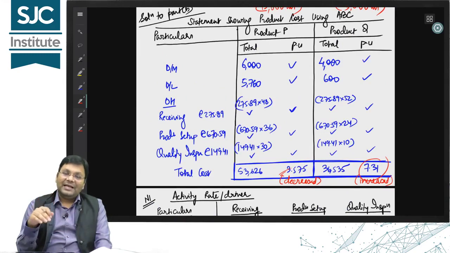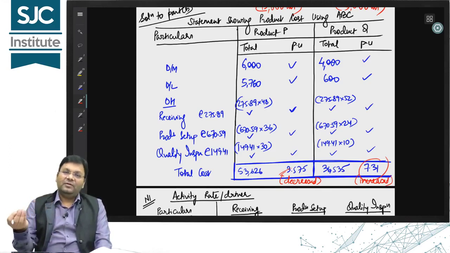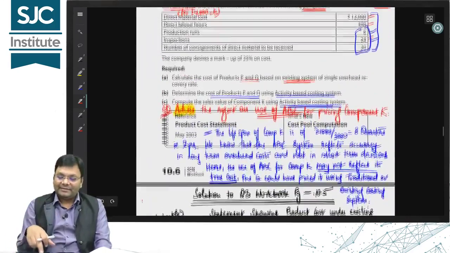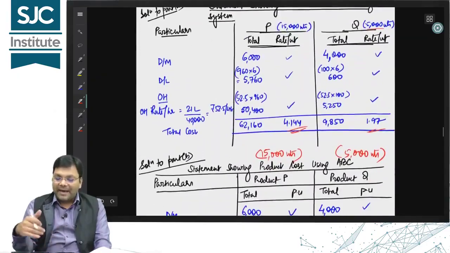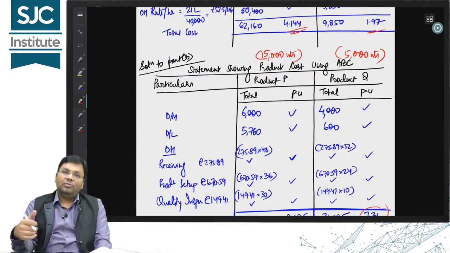So all this analysis may be required to be written in our practical exam question. This is workbook just for crystallization of concept, but exam questions will always include some more spices, like advice, comparison, or analyze the cost of product P and Q under both the systems.